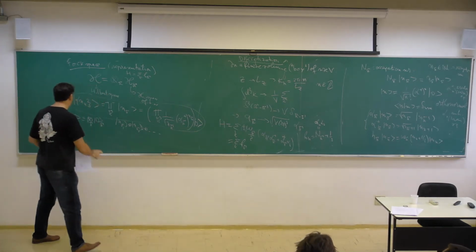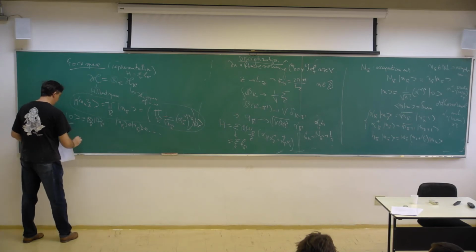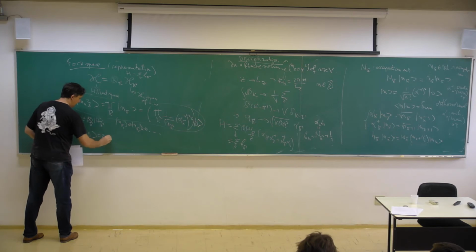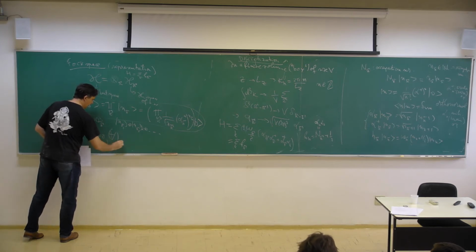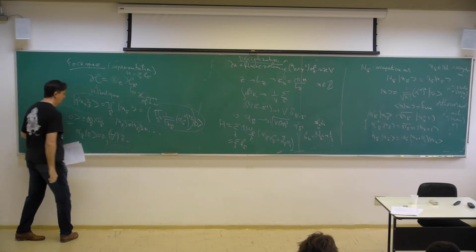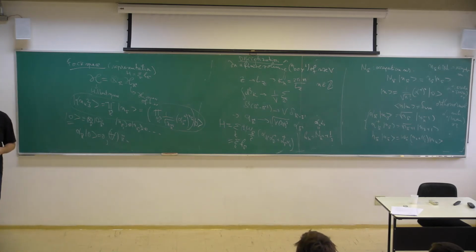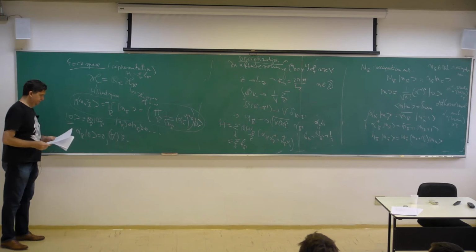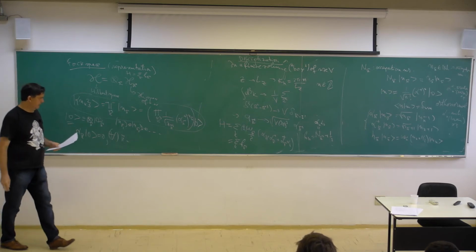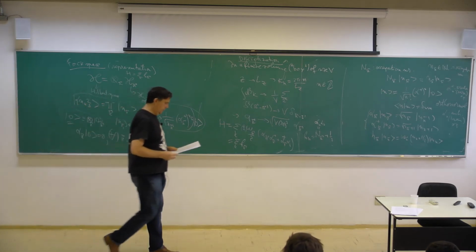So in other words, we define this by saying that alpha_k acting on 0 is 0 for all k, right? All right.